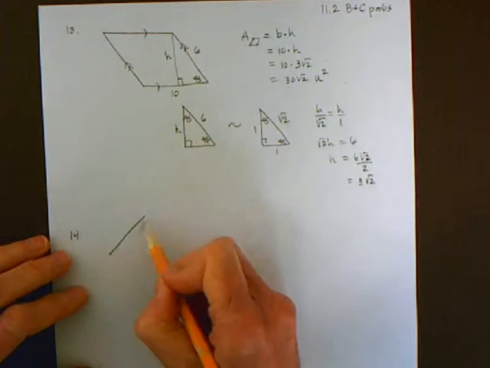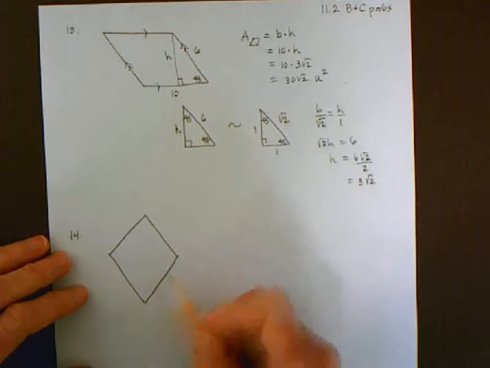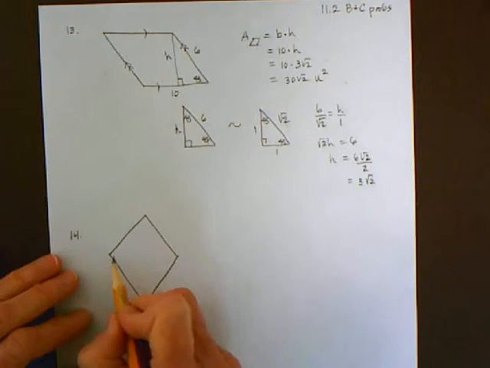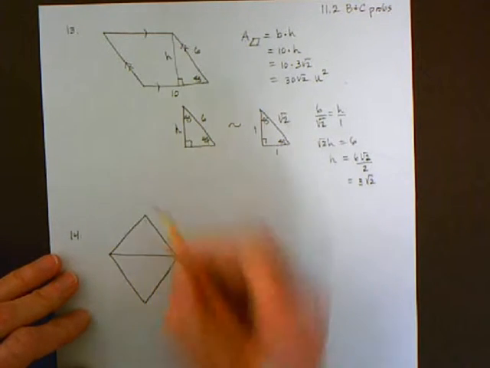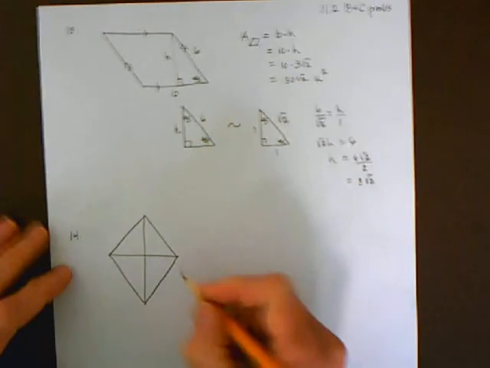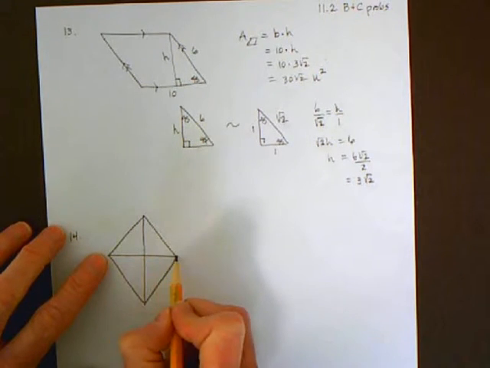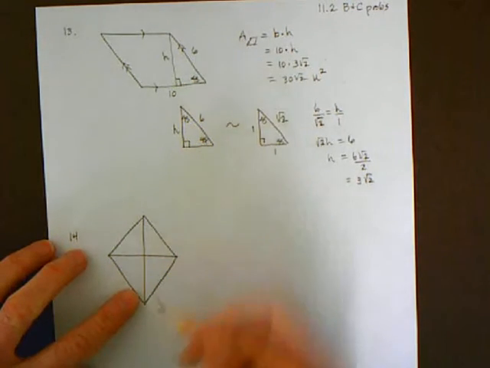So here's the rhombus, and they tell us that the angle is 120. Now, one thing we know about rhombuses is that the diagonals bisect two angles. So this diagonal bisects two angles, this diagonal bisects two angles.